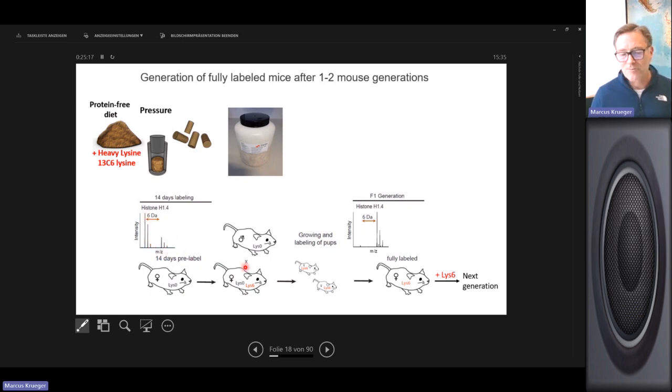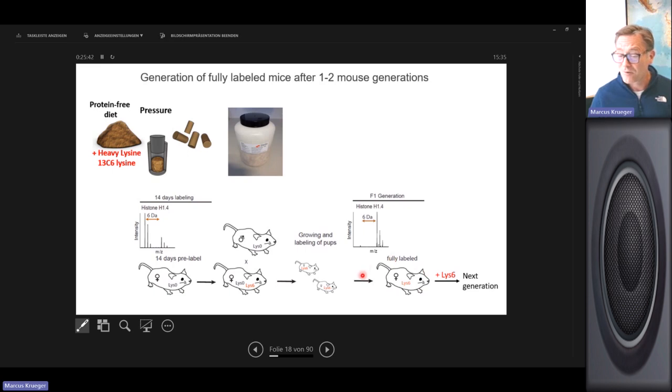And now what we did is we fed those animals for a couple of weeks. Then we mated them with a non-labeled male, right? It's not necessary to label the male because the contribution of the male to the next generation is quite low. Meaning the pregnant female is always fed with lysine 6, and then the pups, if they grow up, are fully labeled, right?